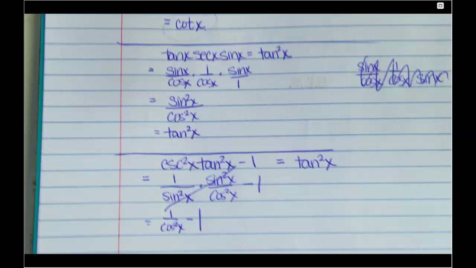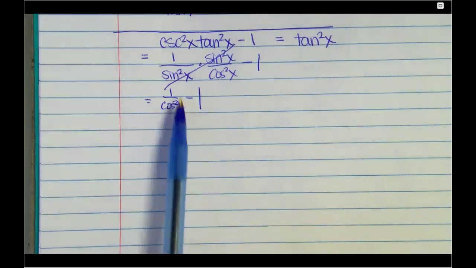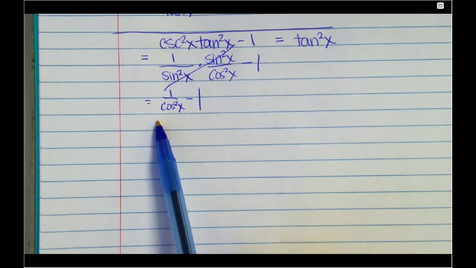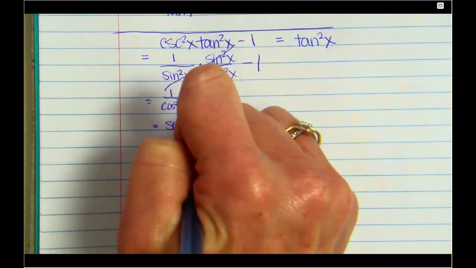It's not a big dog though, because this is a fraction. So the big dog is specifically sine squared plus cosine squared equals 1, not fractional bits of those. But 1 over cosine is something. It's secant. So this is secant squared minus 1.